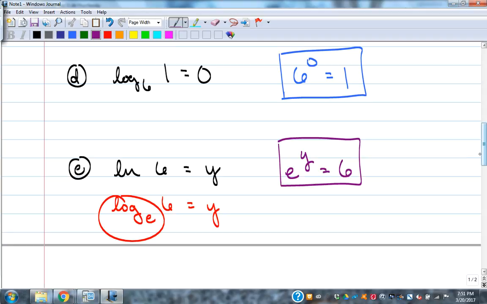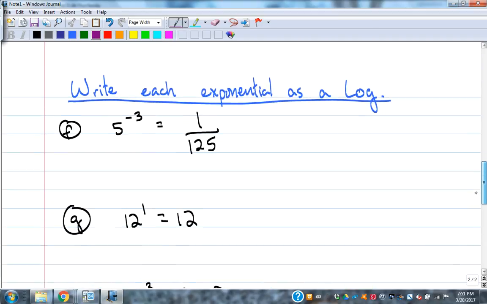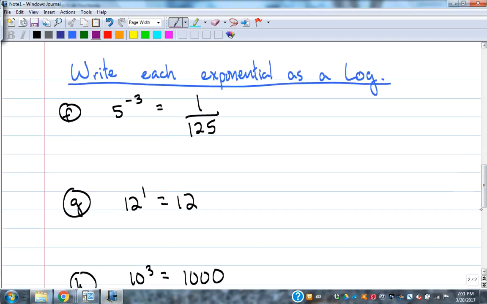And go from there. All right, so let's go the other direction. We're going to take exponentials and rewrite them as logs. So remember, whatever the base is on the exponential is the base of your log. Okay, so when you look at this one, what's the base on example F? 5. So it's going to be log base 5 of 1 over 125 is equal to the exponent, negative 3.